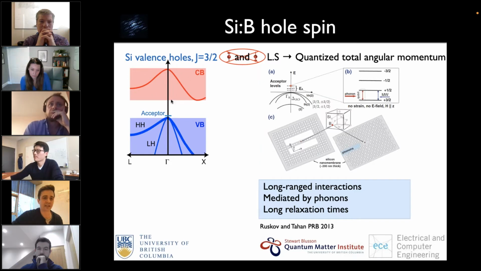And we're not talking about electrons in the conduction band, rather we're talking about holes that occupy this valence band.